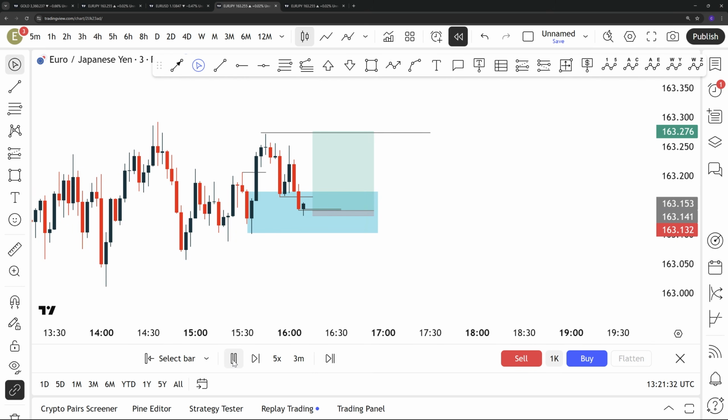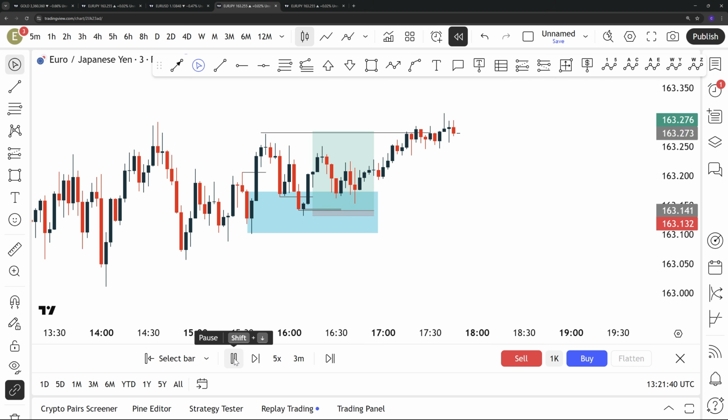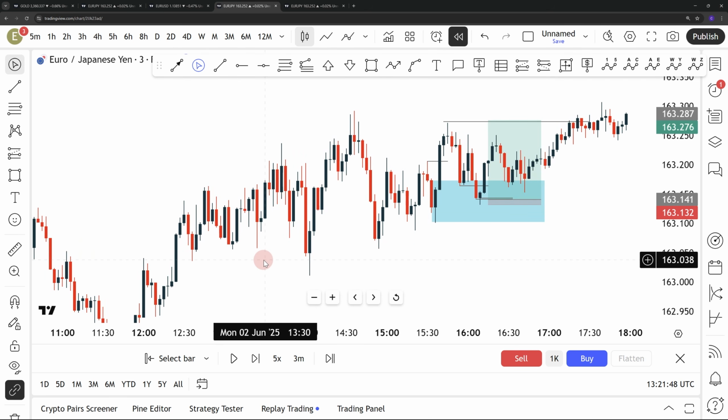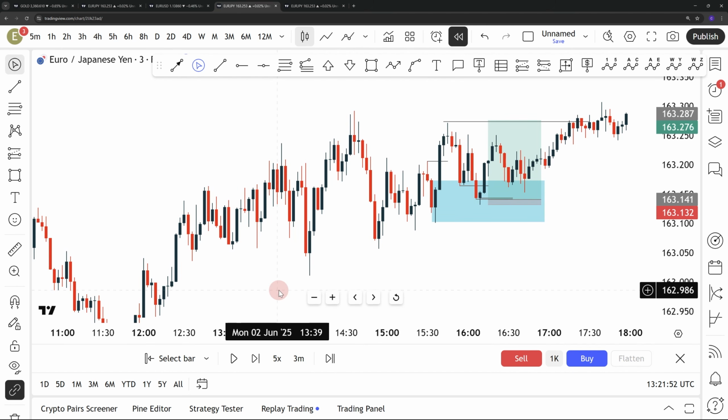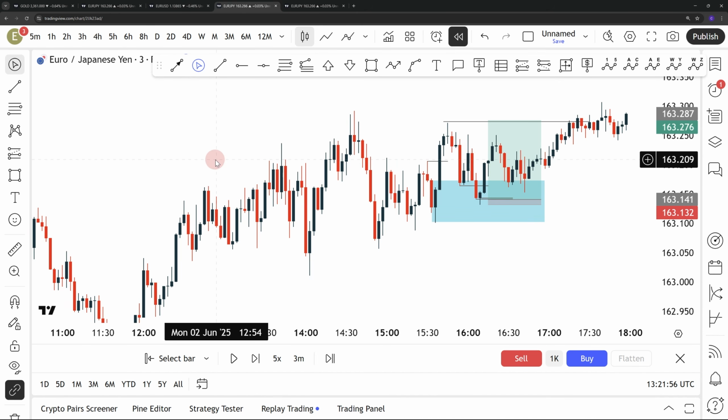And then if you look at price, it didn't even retrace back to touch that level that we are expecting the market to reverse from. Most of the time, the market will give you only sniper entries. Let's try to find another example from the higher time frame, maybe to the lower time frame.